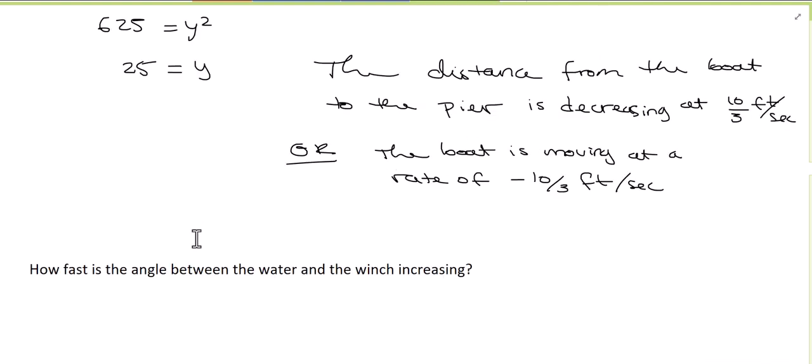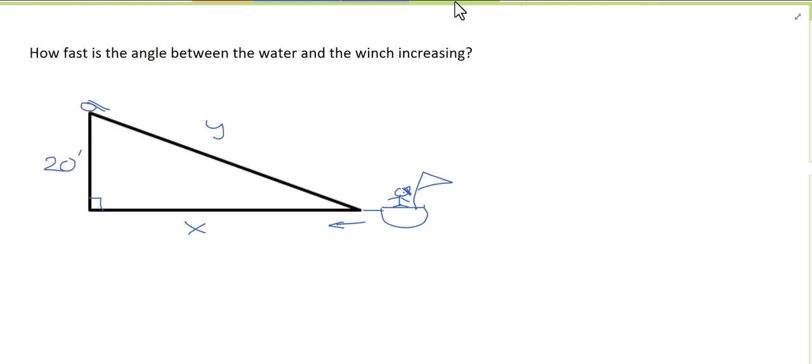Part B is asking, how fast is the angle between the water and the winch increasing? We're going to use the same picture. Since the winch is up here, and the water is over here, the angle between the water and the winch will be this angle, theta, as you get closer.